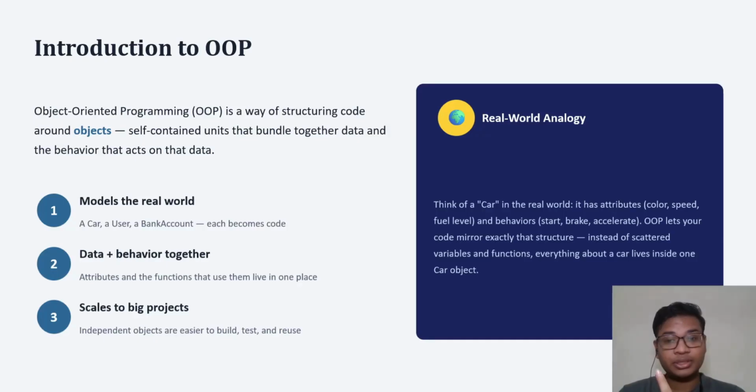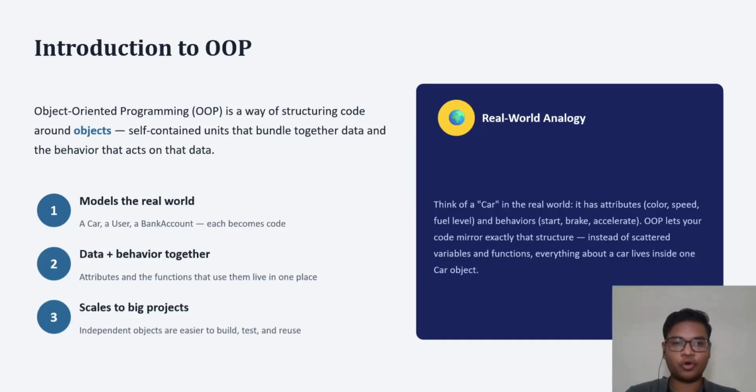So attributes plus behavior. Object-oriented programming lets your code mirror exactly that structure. Instead of scattered variables and functions, everything about a car lives inside one car object. So this is the real world analogy about object-oriented programming. I hope you clearly understand it.